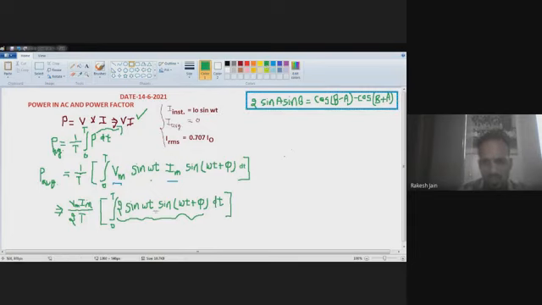So see, here A is your omega t, and B is your omega t plus phi. And this is the form of 2 sine A sine B, so I have to use that formula here. If I use that formula, then what will happen?